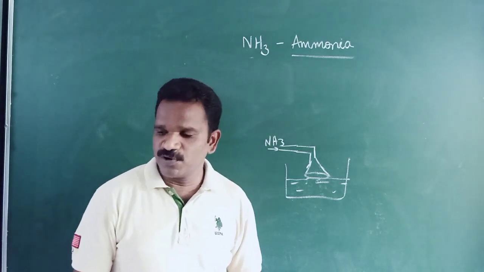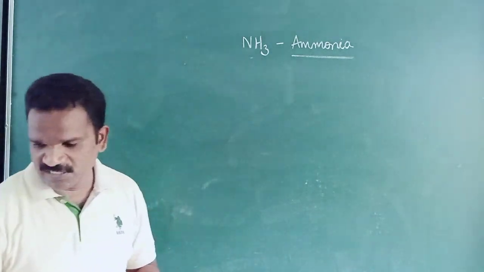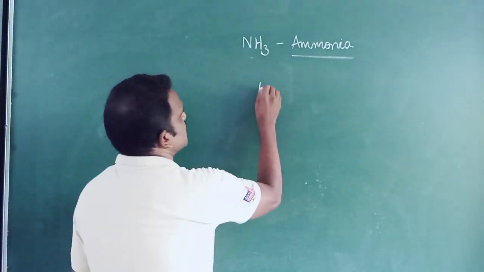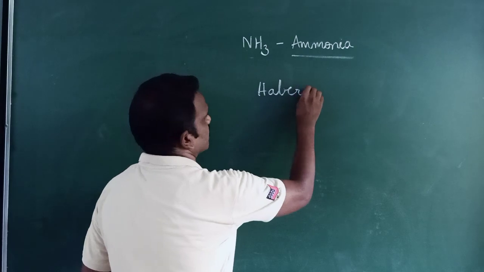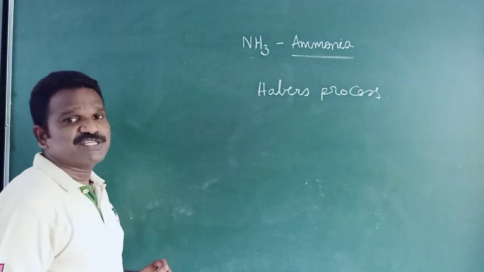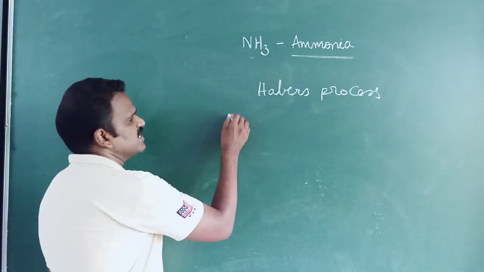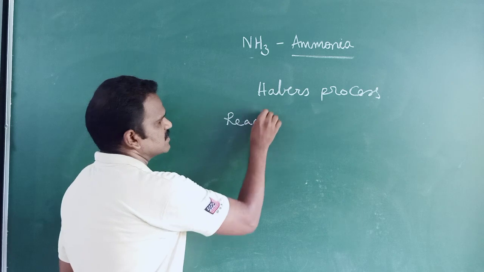Okay, the next important topic is preparation of ammonia through Haber's process. Very important, Haber's process. Preparation of ammonia through Haber's process. If you see the reactants, what are the reactants?